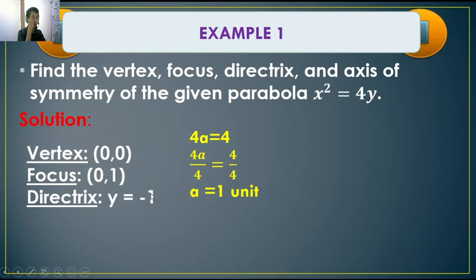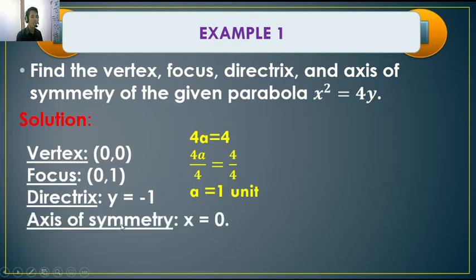Okay, because we have a, so from the vertex, a is 1, so move 1 unit above the vertex, that is the focus, and 1 unit below the vertex, that is the directrix, the fixed line. Okay, and also the axis of symmetry is x = 0.